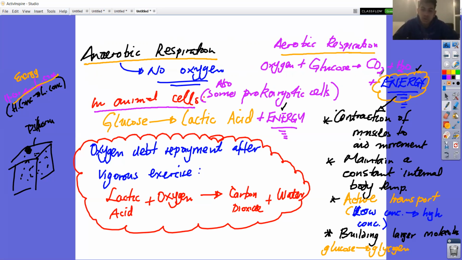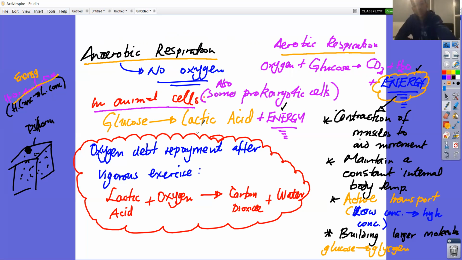Would the amount be more in aerobic? Correct. In anaerobic, it's a fraction of what is produced in aerobic. So this is not an efficient way to respire at all.